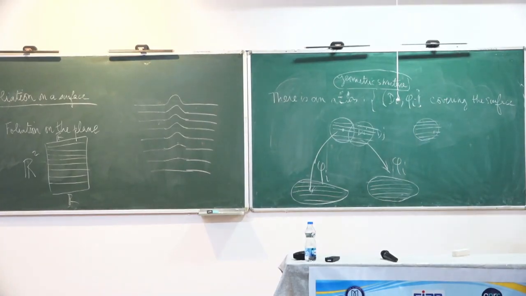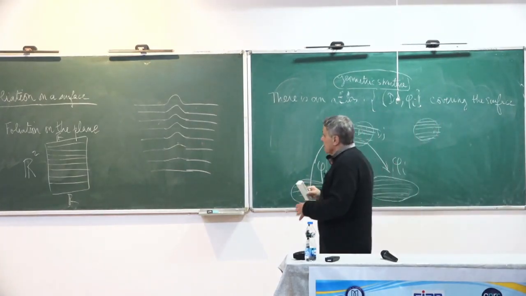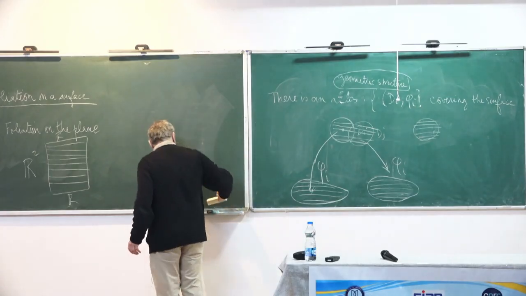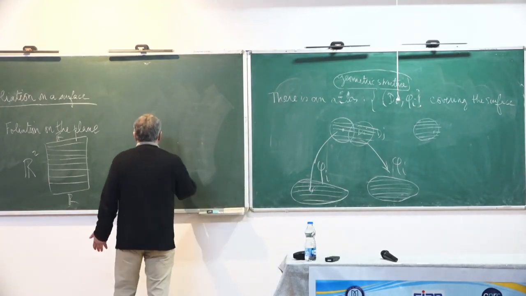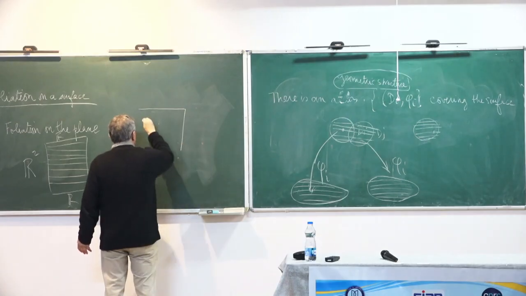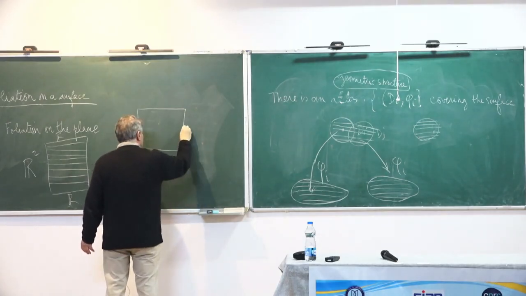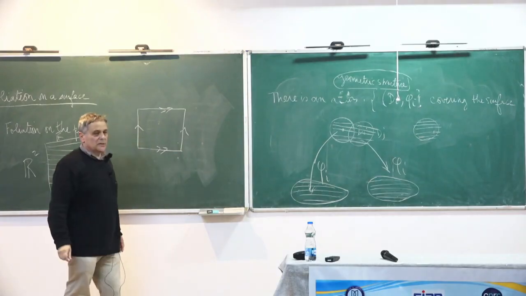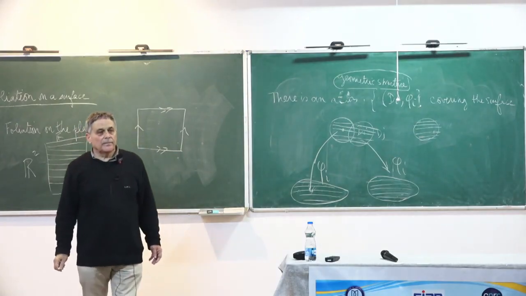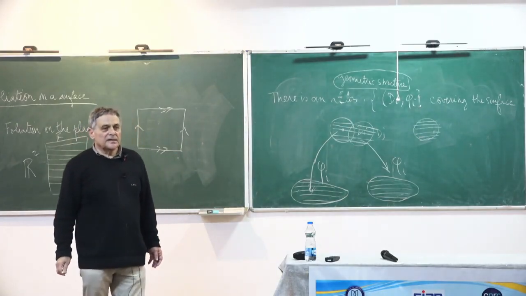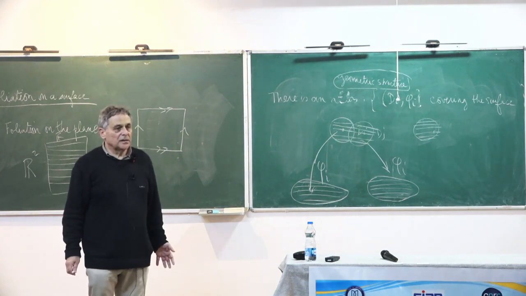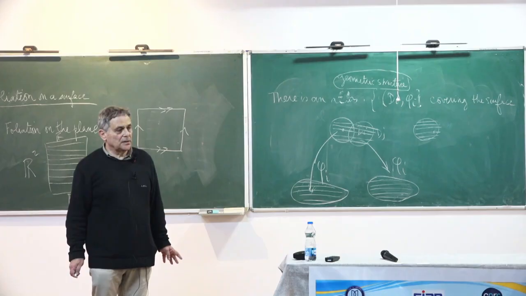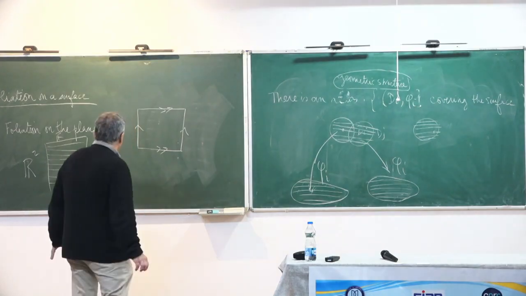So for instance, we talked about the torus yesterday and the day before. Let's take this torus. Is there a natural foliation on this torus? Yes.